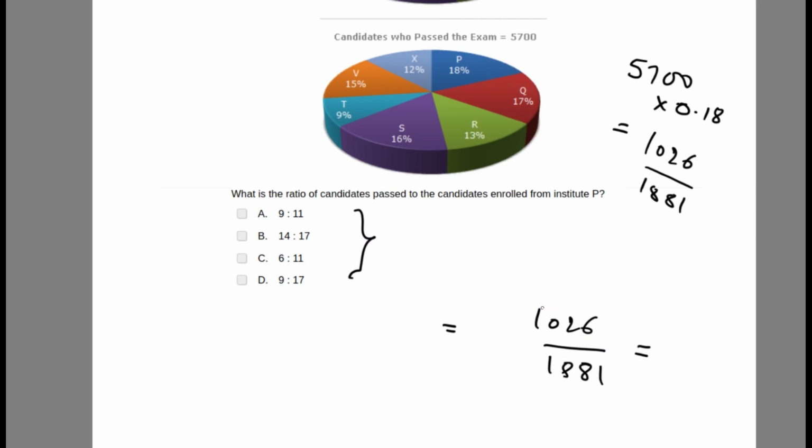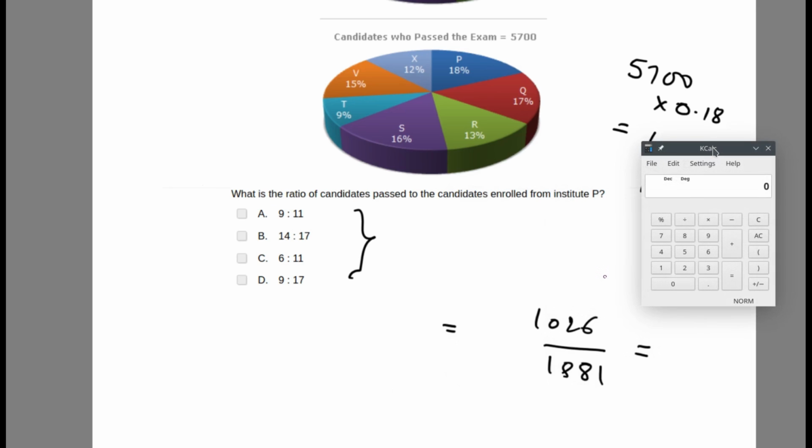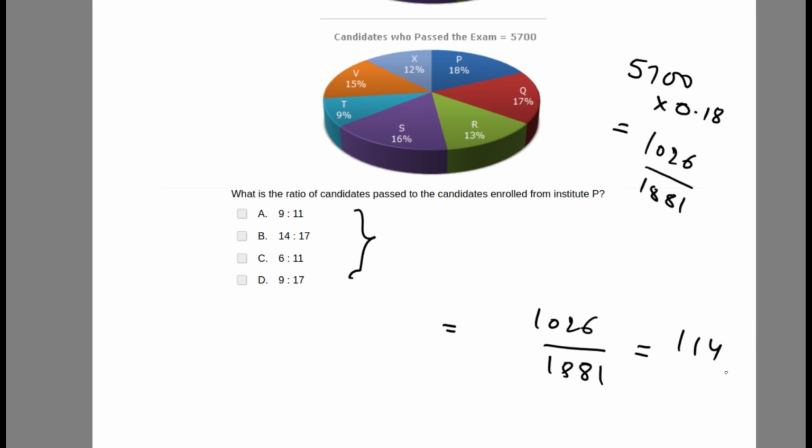How do we do it? Okay, I'll tell you the brute force method. For this method to work, we just need a calculator and division. Let's divide 1026 by the first option, which is 9. We got 114.